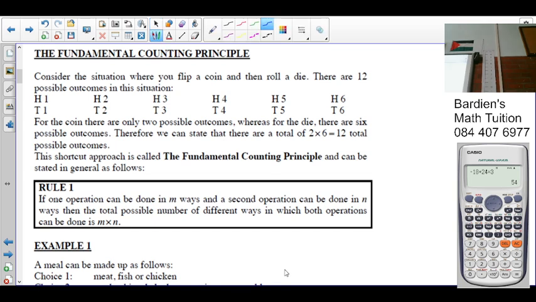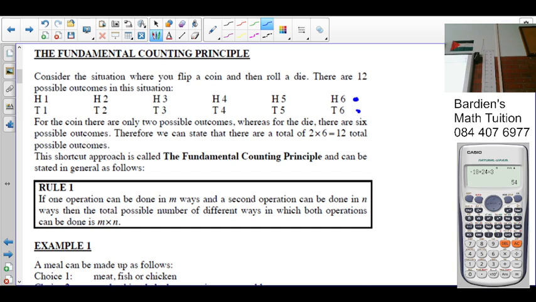Hence the reason why they got these 6 here on top. Then if your coin is flipped on tails, you have a combination of 6 outcomes there as well: heads 1, heads 2, heads 3, heads 4, heads 5 and heads 6. Hence the second row there, which gives me 12 total outcomes.